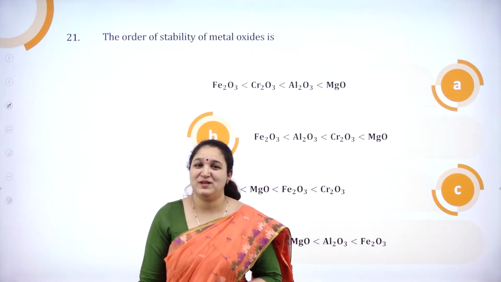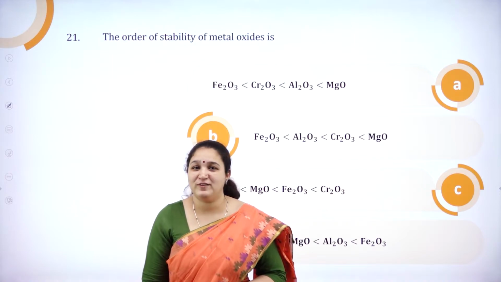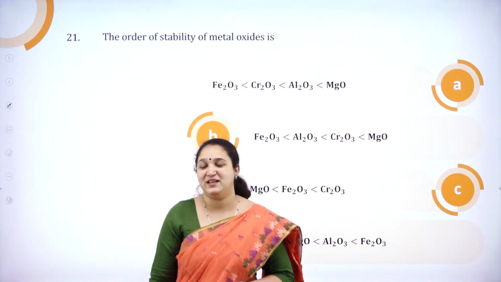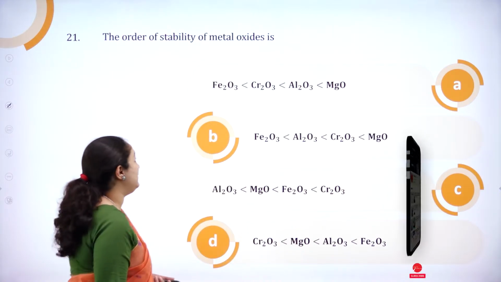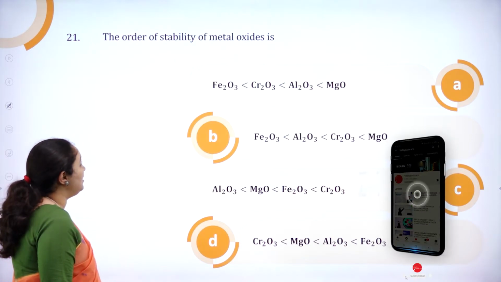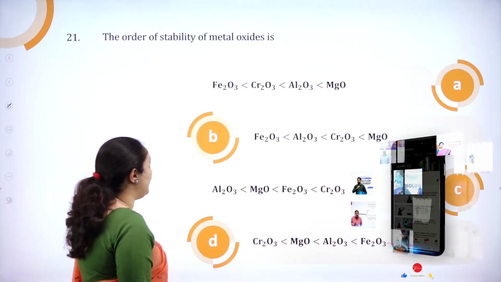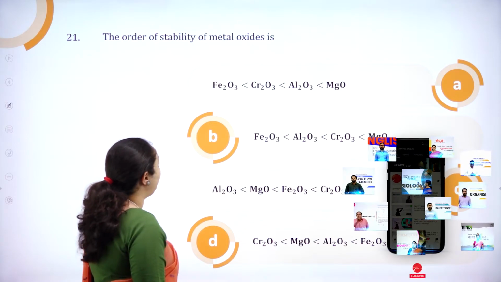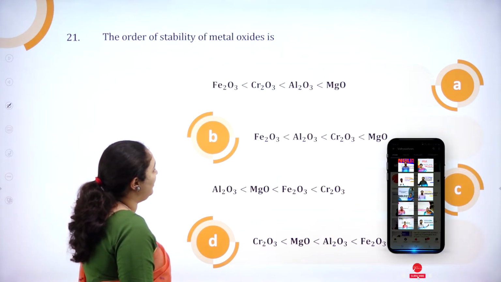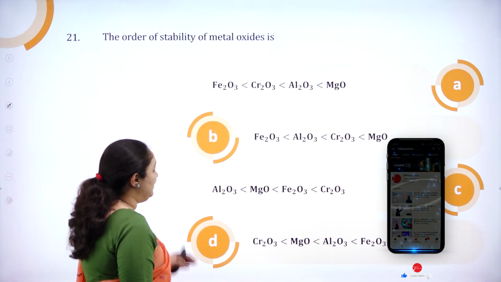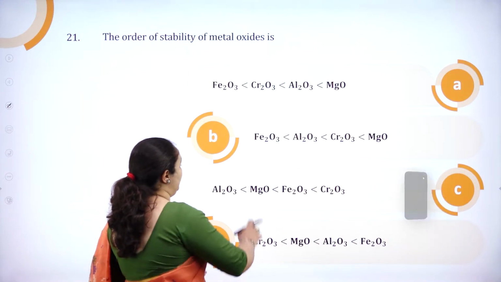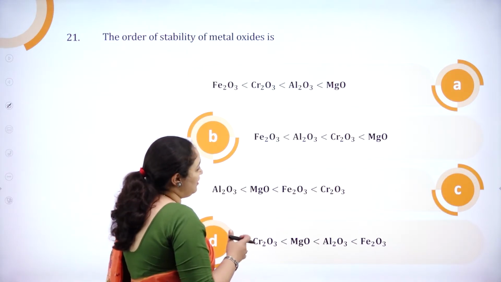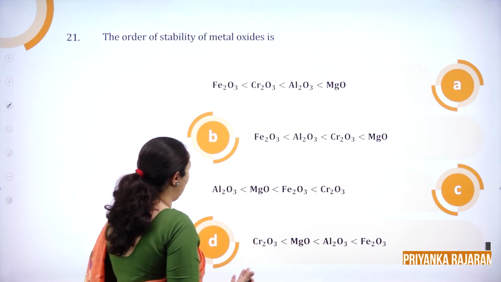Welcome back, my dear students, for part 2 of the Karnataka CET 2009 question paper. So we'll start with the 21st question. The order of stability of metal oxides is option A, Fe2O3, Cr2O3, Al2O3 and MgO. The next option, it is Fe2O3, Al2O3, Cr2O3 and MgO.